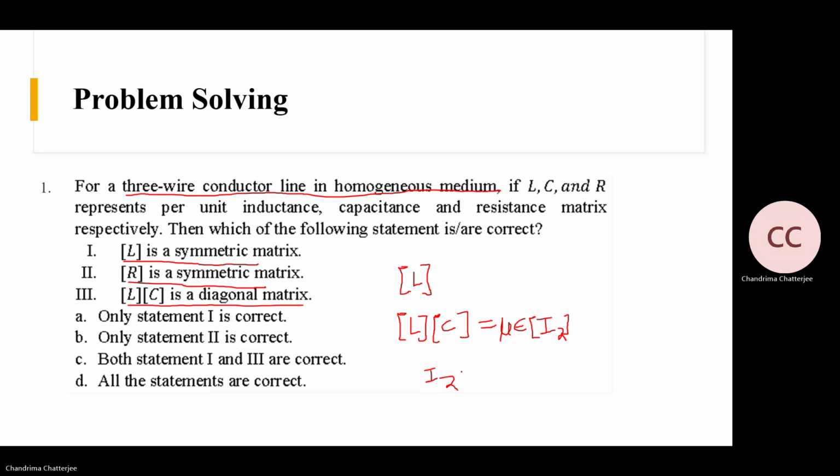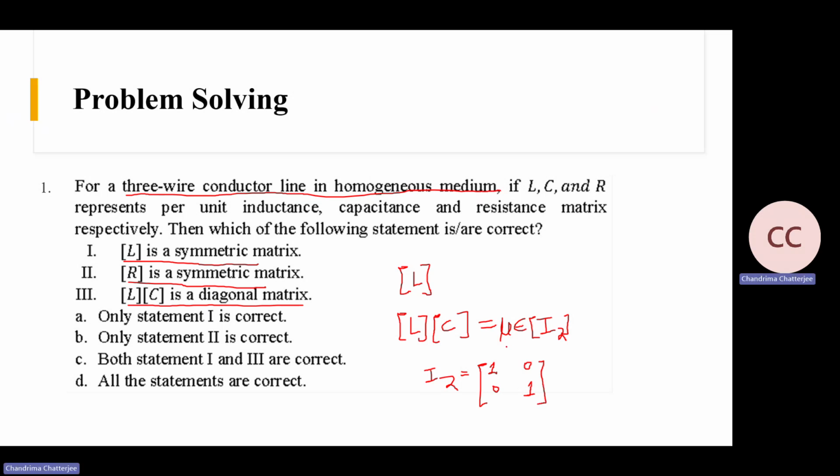I2 is a 2 cross 2 matrix like this: 1, 0, 0, 1, right?